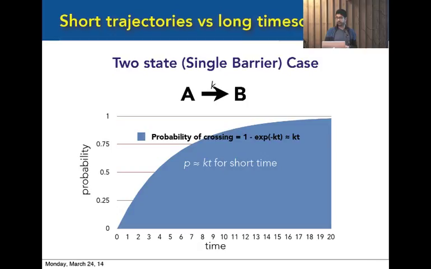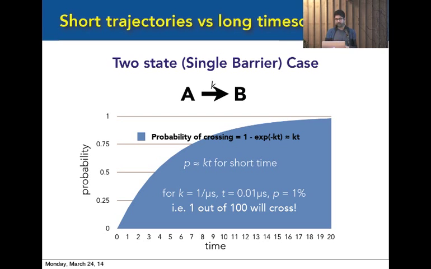What this means is that even for relatively short times, you'll still expect to see something. If you have a very simple case of two states and one barrier with a rate constant k, going from A to B, the fraction that will cross from A to B would just be 1 minus e to the minus kt. At short times, this is approximately equal to just k times t.